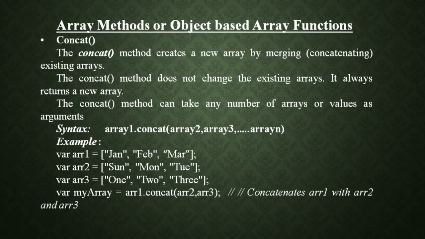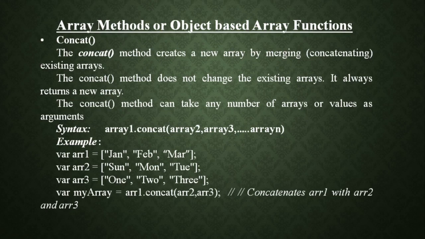There are some array methods or functions. The first one is concatenation. This concat function merges two existing arrays. Here in this example, array 1 has Jan, Feb, March, array 2 has Sunday, Monday, Tuesday, and array 3 has 1, 2, 3.